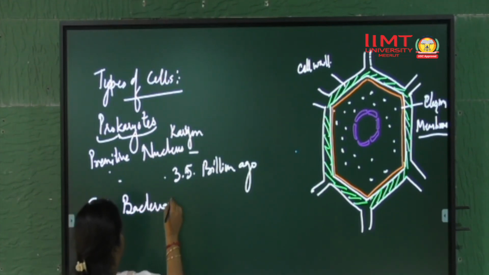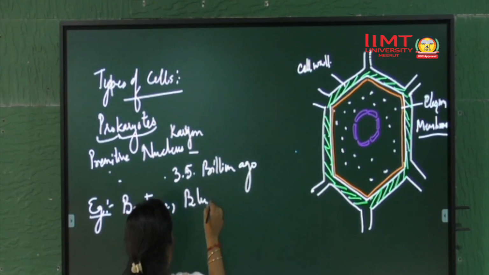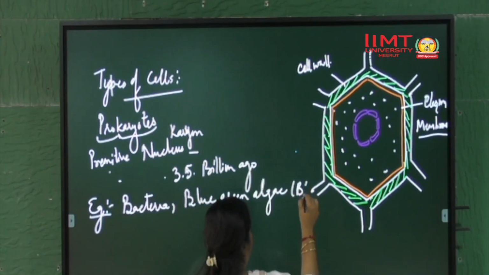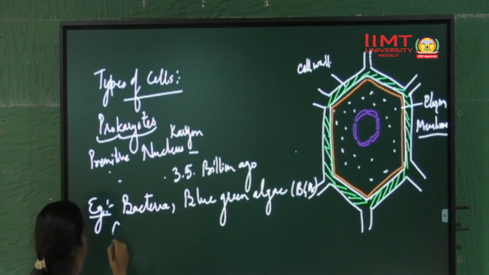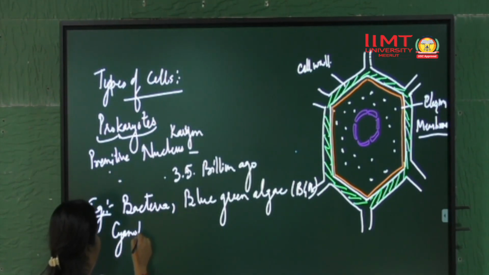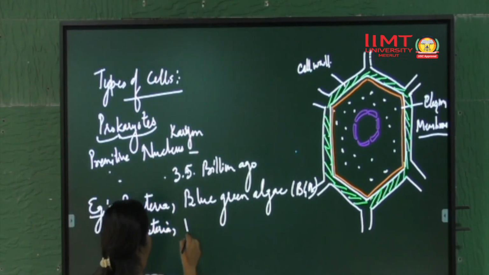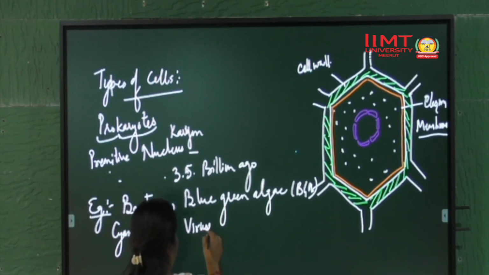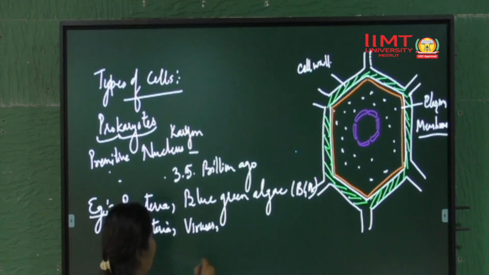bacteria, blue-green algae, commonly known as BGA. It is also known as cyanobacteria. Viruses. Viruses are also a connecting link between the living and non-living world.